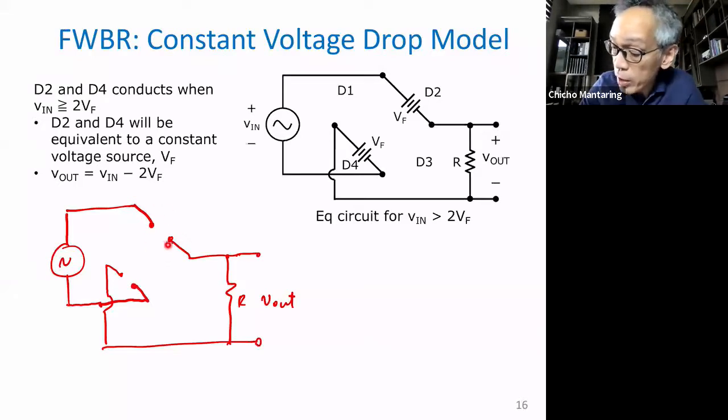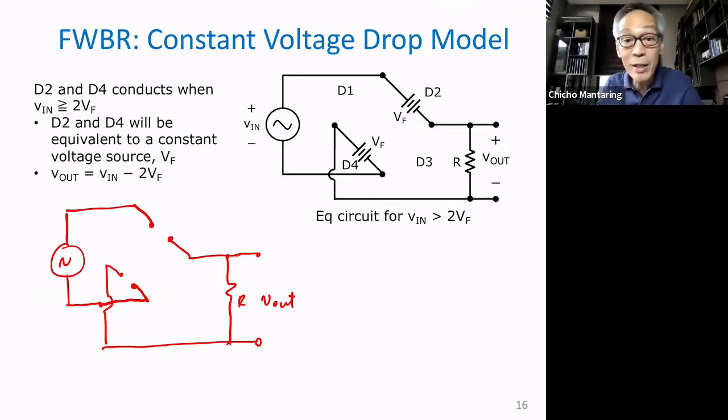For these diodes to conduct, the open circuit voltage here should be greater than V sub F. And the open circuit voltage here should also be greater than V sub F. In other words, the open circuit voltage across these two open circuits should be greater than 2 V sub F. Medyo mahirap pakinggan, ano? The open circuit voltage across these two open circuits together should be greater than 2 times V sub F. And this is going to be my equivalent circuit now.